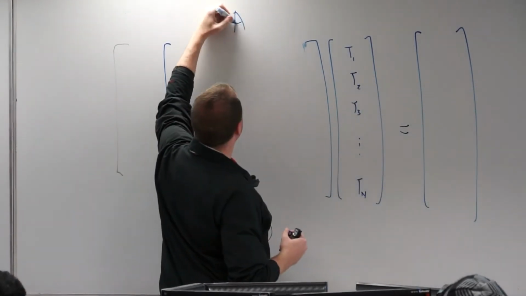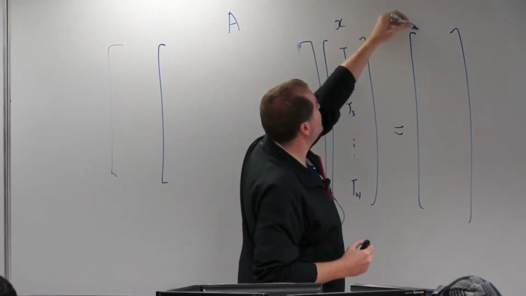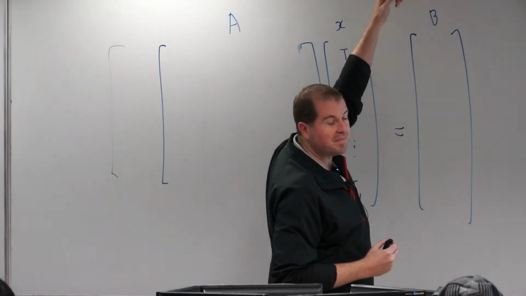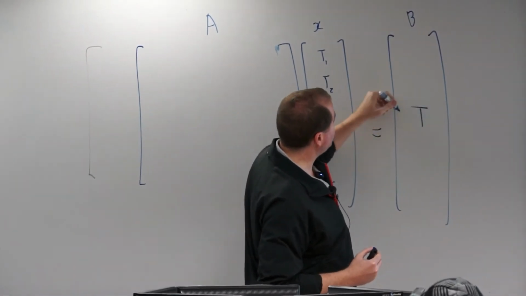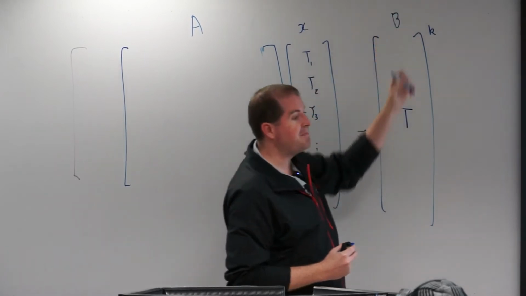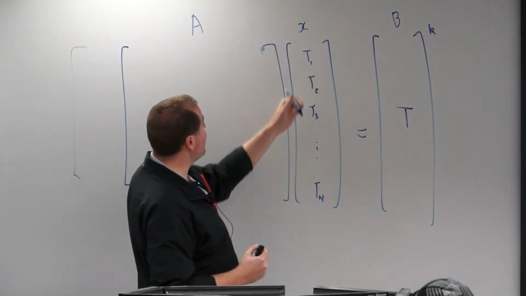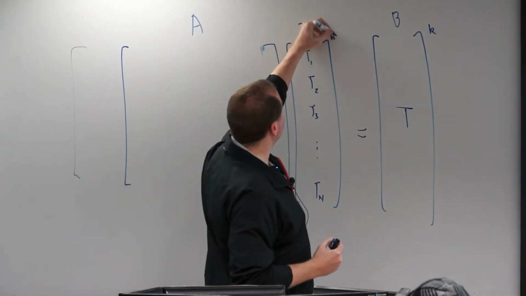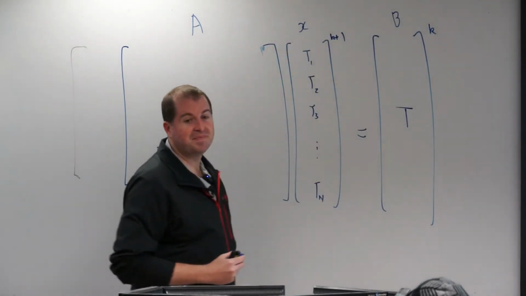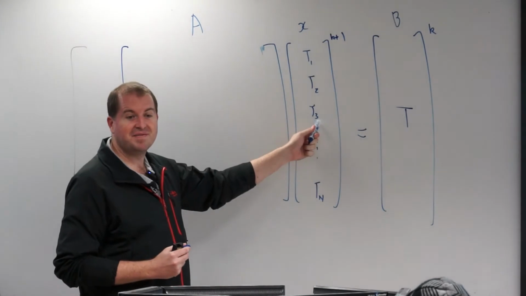This I'm going to call A, this is my x, and this is going to be a vector b. This is going to be all of the temperatures at time k. This vector here, our x vector, those are all of the temperatures at our new time. That's our mission. We're solving for these.